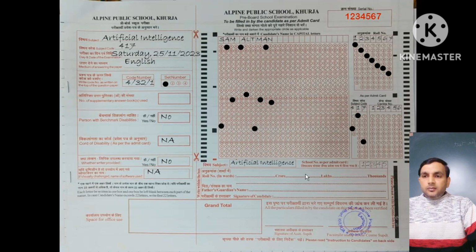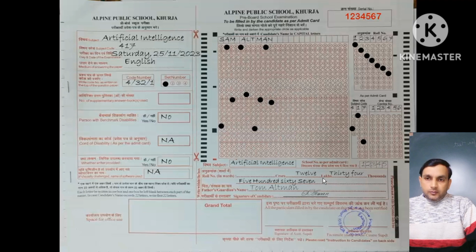So right here 12 in words, then 34 in words, and then 567 corresponding like this. And next, father's or guardian's name. Write your father's or guardian's name here, and then your signature. Keep in mind, without signature your answer sheet will not be evaluated. So remember to sign here.